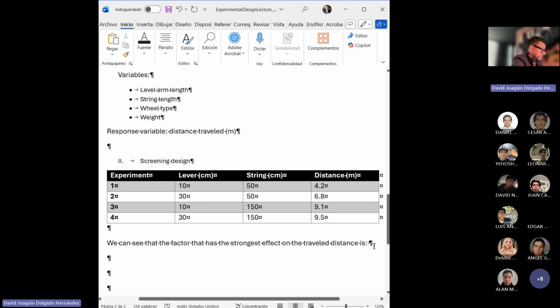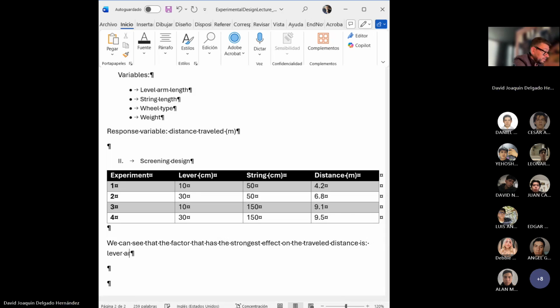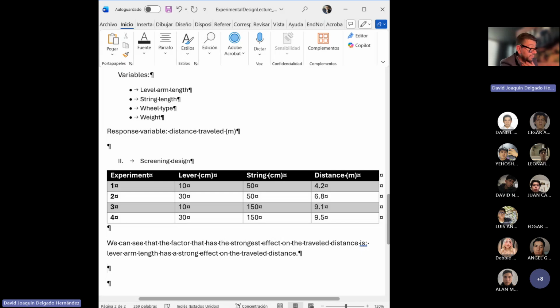So indeed, the lever arm length has a strong effect on traveled distance. Okay. And yes, there is some interaction, right? Because if you modify the string, you increase the distance as well.